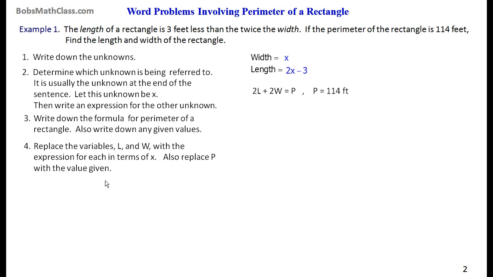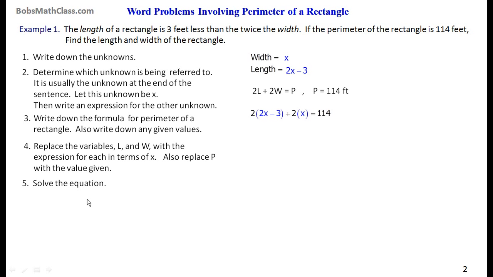Also replace P with the given value. So in place of this L, you're going to replace it with 2x minus 3. W is x, so this W will be replaced with x, and P will be replaced with 114. We now have our equation.